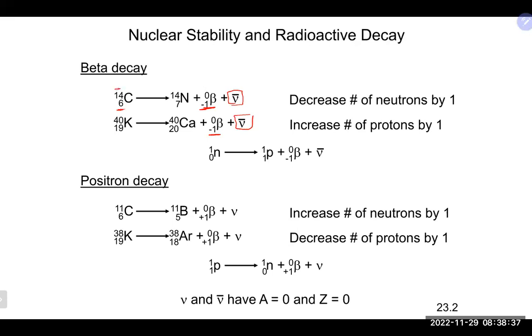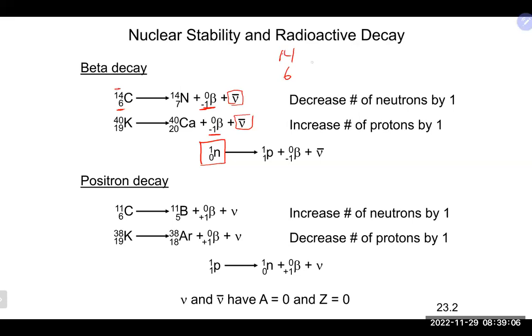What is really happening in this beta decay is that a neutron is becoming a proton and giving off that beta particle. That's why it's emitting it. So although it looks like the mass number doesn't change, it actually does change along the way if you follow what's happening. It's a step-by-step process, if you will.